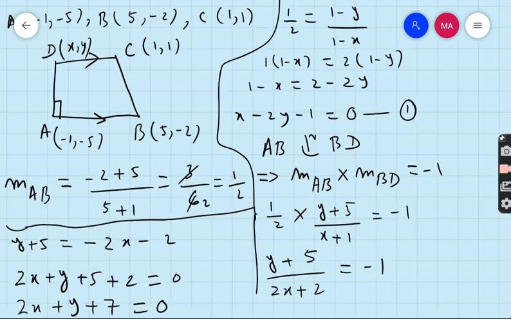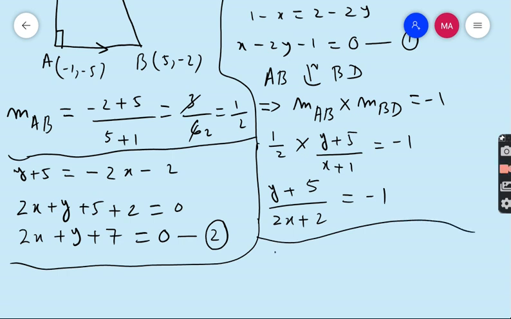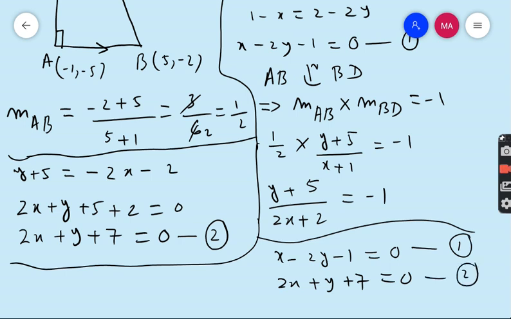So this is equation number 2. Now equation number 1 is x minus 2y minus 1 is equal to 0, and the second equation is 2x plus y plus 7 is equal to 0.